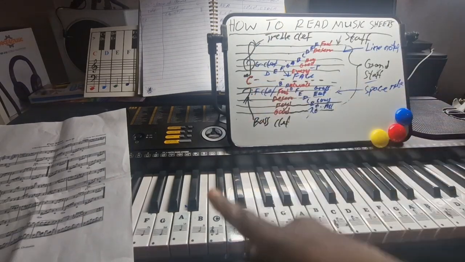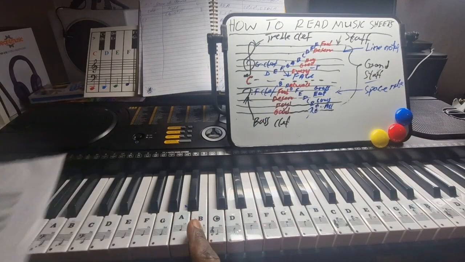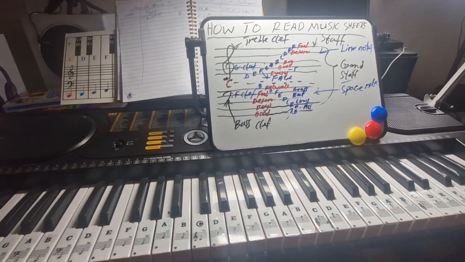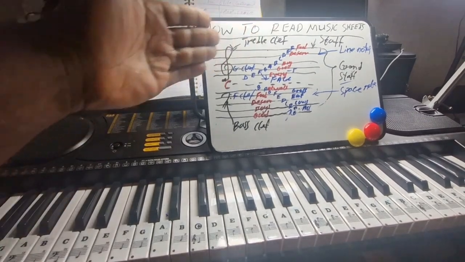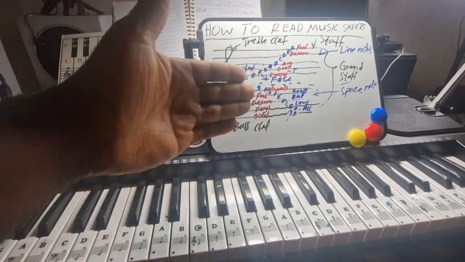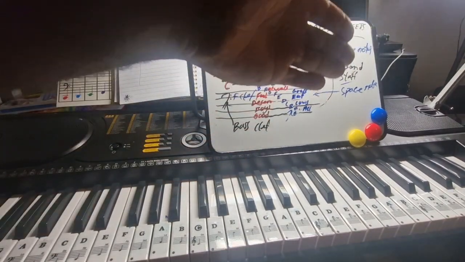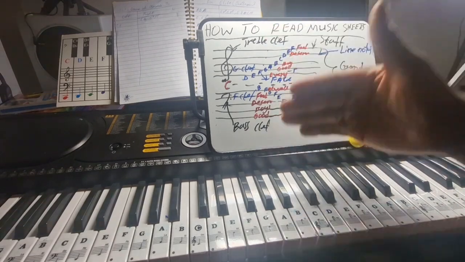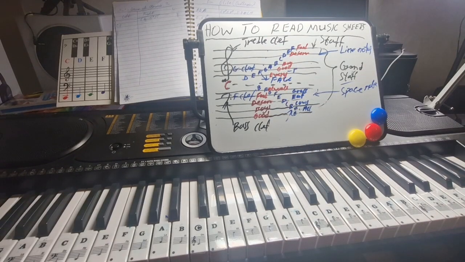And from the middle C to the left is from here to the left. All right. And that is how you read it. Now we've labeled all the parts from the treble clef, the bass clef, staffs, grand staff, line notes, space notes for both the treble clef and the bass clef. That is how you read and interpret music.